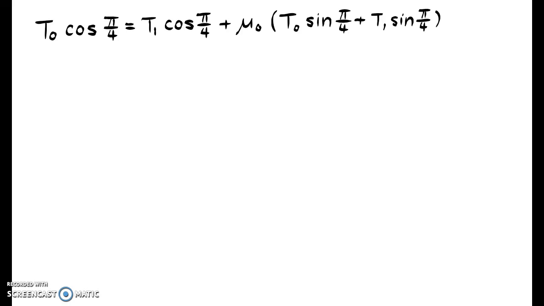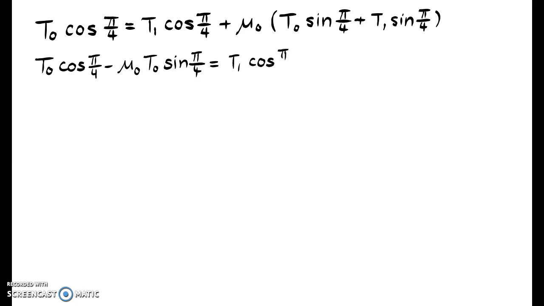So let's move the T0s next to each other. So T0 cosine pi over 4 minus mu 0 times T0 sine of pi over 4 is equal to T1 times cosine of pi over 4 plus mu 0 times T1 sine of pi over 4.